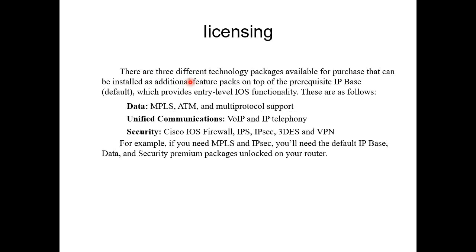Also, there are 3 different technology packages available. These are as follows. We've got data, which is provided through MPLS or ATM or some other kind of multi-protocol support. Unified communications, and these are kind of features that we have in the routers.